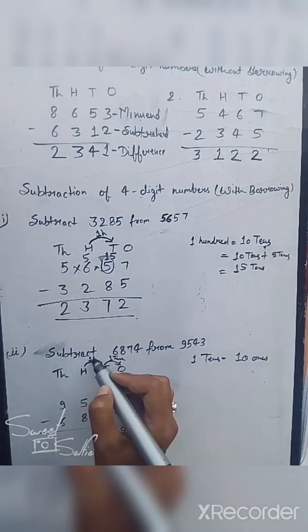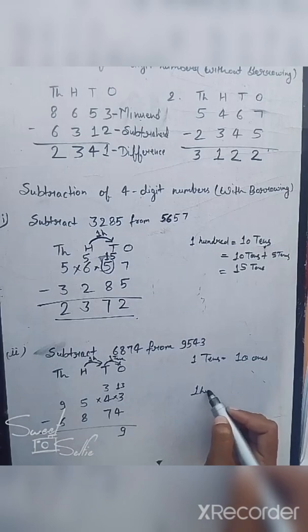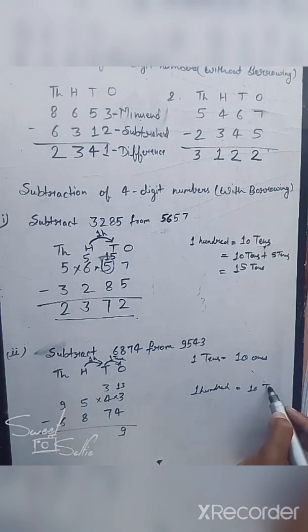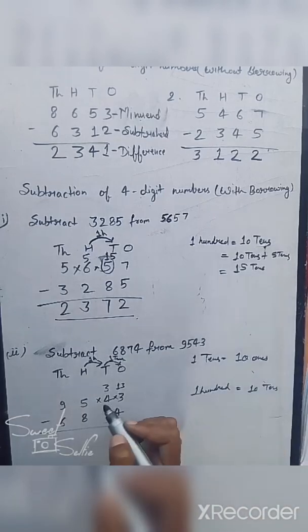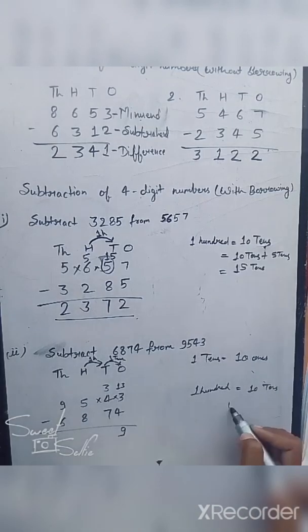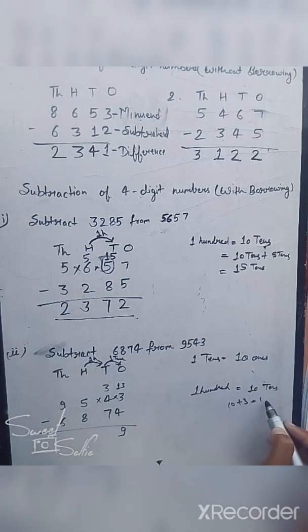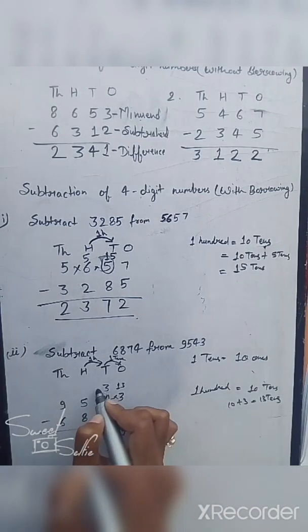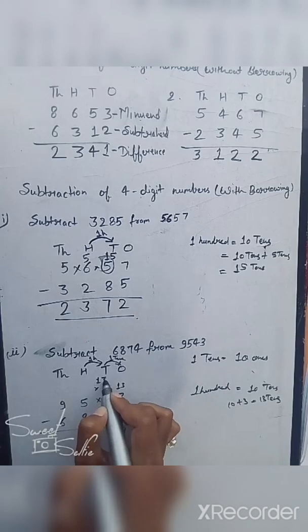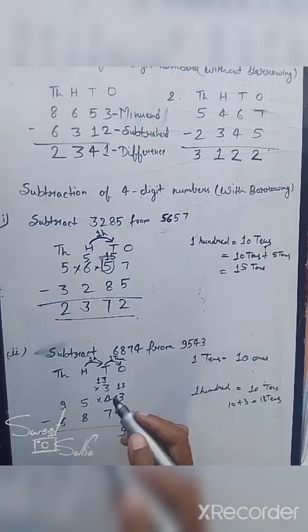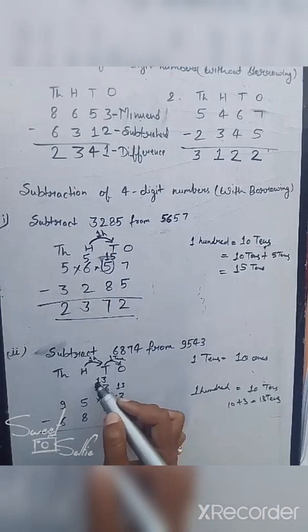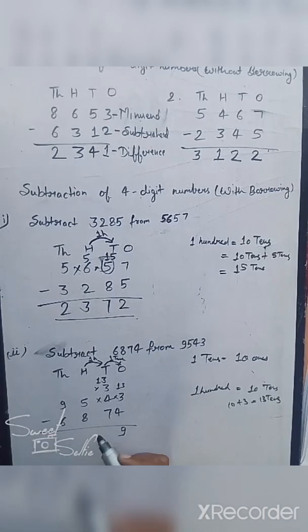As we know, 100 is equal to 10 tens. Then here will be 10 plus 3 is equal to 13 tens. So now we can subtract 7 tens from 13 tens. So 13 minus 7 is equal to 6 tens.